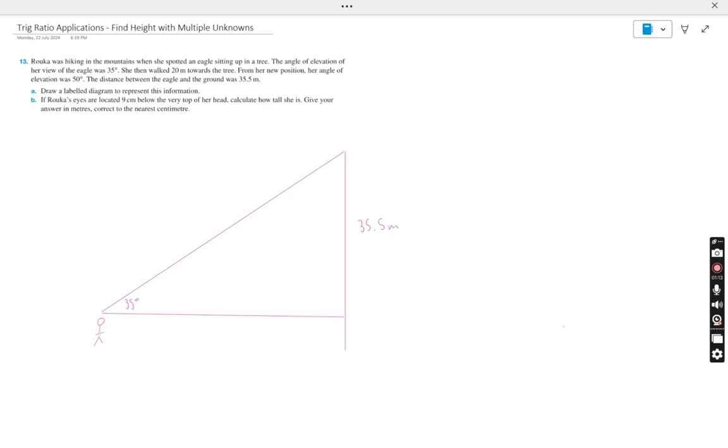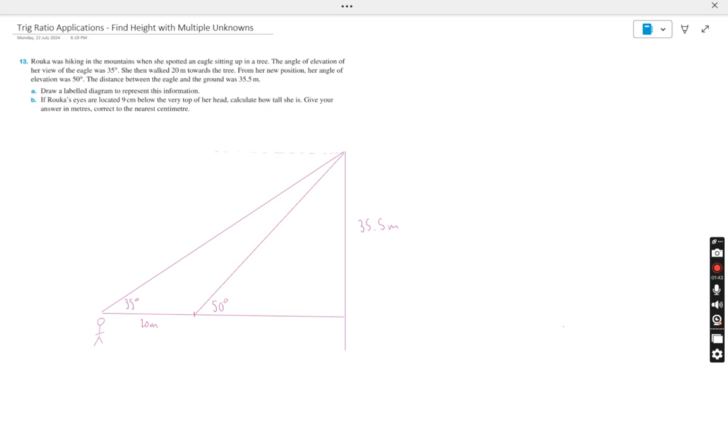It then said that she walked 20 meters, so I'm not going to draw her again, but I'm just going to do a little dash there, and it said that she was looking up at an angle of 50 degrees. And it did say she was walking 20 meters. Last thing that I want to draw is just an extension up here.